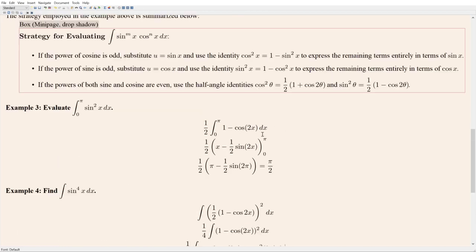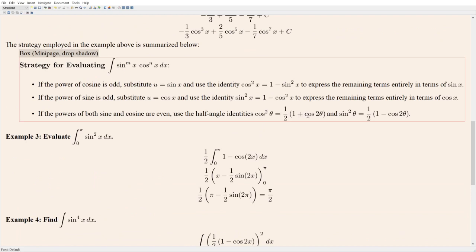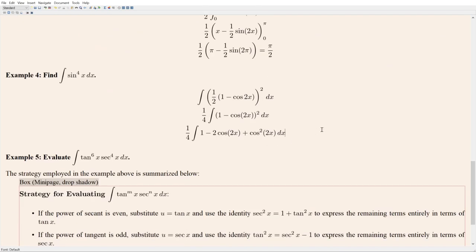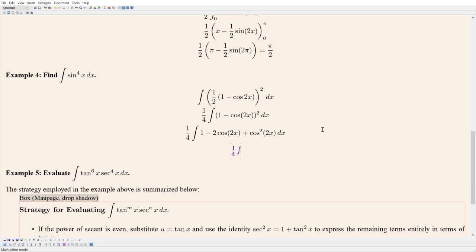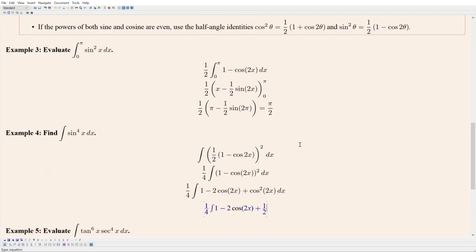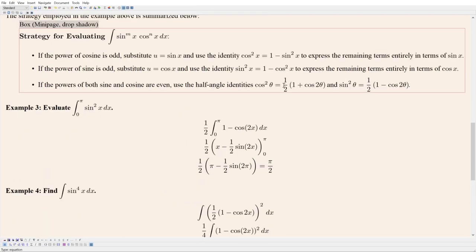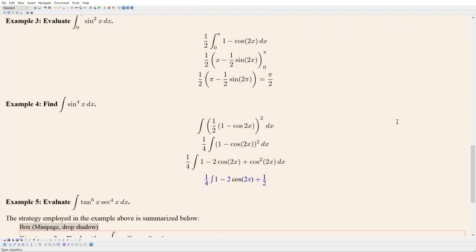Well, in exactly the same way, because we have an identity for that as well. So before moving on, let's go ahead and plug in that identity. And just to save time, I'm going to go ahead and take this 1/2 and distribute it, like so.